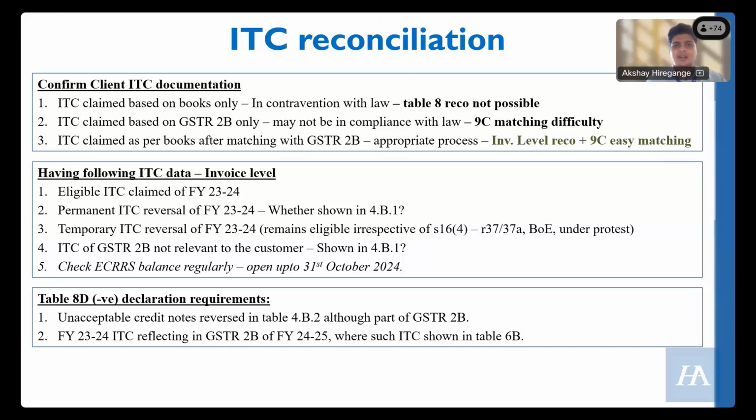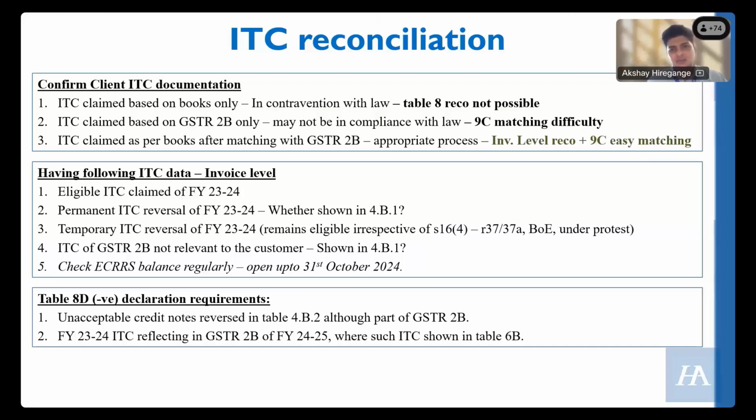This is where credit must be reversed where the vendor has not filed his GSTR 3B. We can verify Rule 37A using the GSTR 2A, not 2B. In 2A, you get the details of whether vendor has filed his 3B. Why is this again being pushed on the recipient? This is being pushed on recipient because of section 16(2)(c).